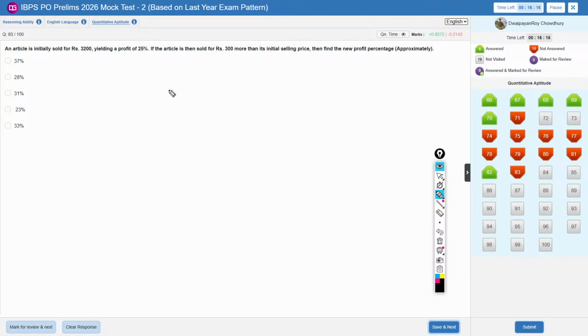Initially sold yielding 25% profit. So 4 to 5, sold 30 more than initial price, profit percentage. So this was 3200, 5, so 16. No, 64, 64 into, so 256, they're saying 300 more. So now the profit is 40 less than 1000.